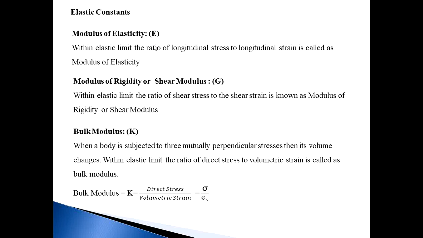So the direct stress, sigma, divided by the volumetric strain, EV, is denoted by K. So bulk modulus K is equal to sigma divided by EV, where EV is the volumetric strain.